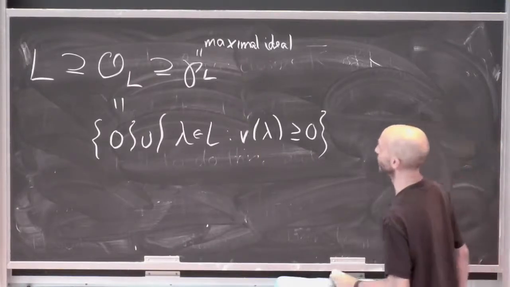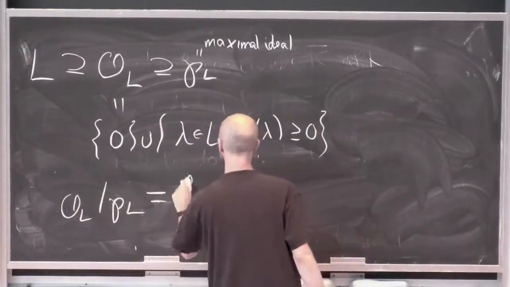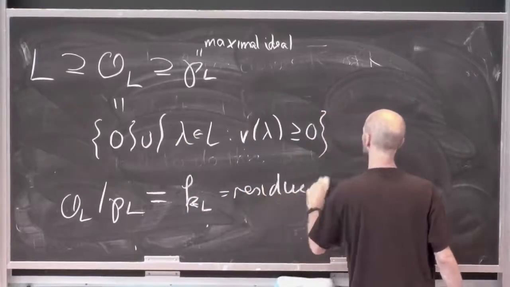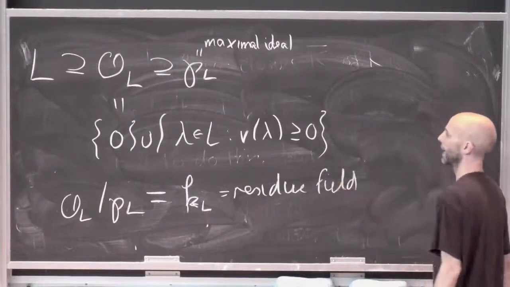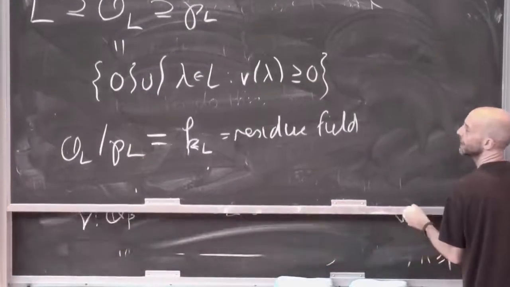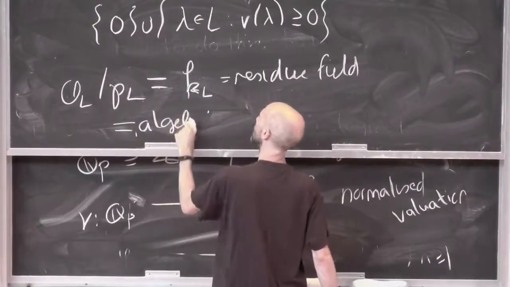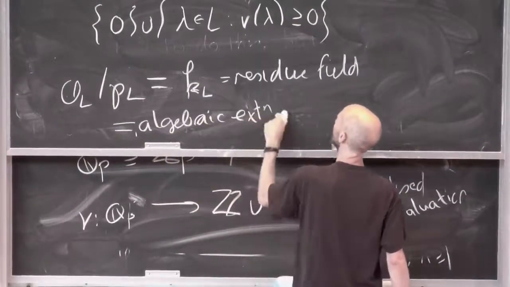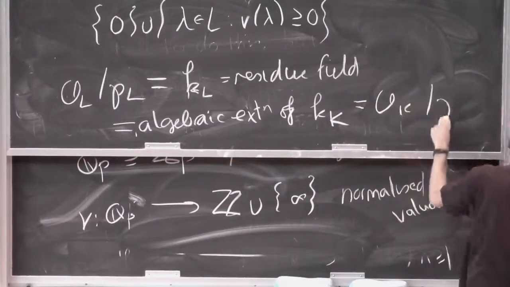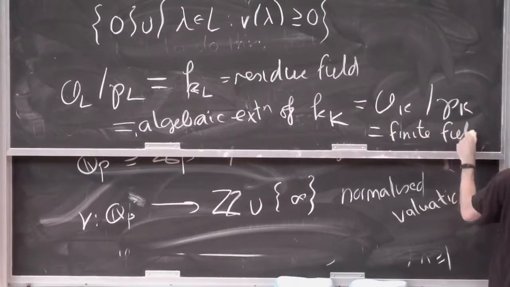But at least we have a residue field, right? So OL over PL is, let's say, kL. This is the residue field. And because L is an algebraic extension of k, this will then be an algebraic extension of kk, which is OK over PK, which is a finite field.